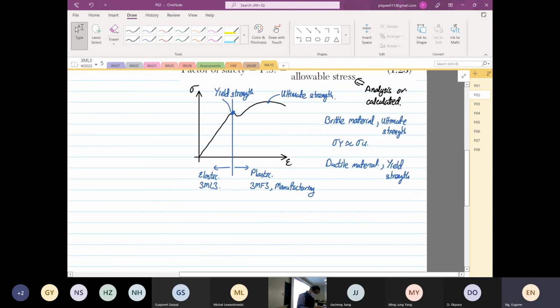The mechanical properties are determined from uniaxial, or unidirectional, not axial, unidirectional test.